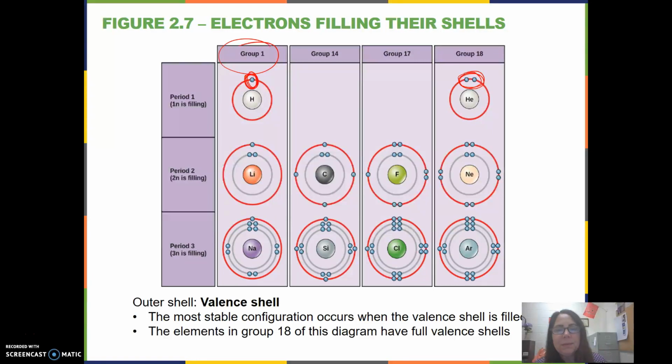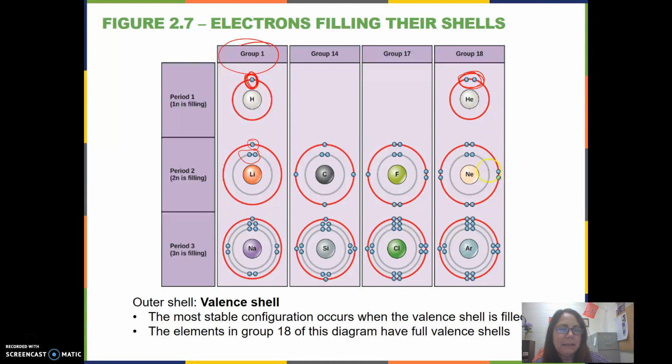Then if we look on to period 2, you can see lithium has an atomic number of 3. So that means it's got 2 electrons in its first energy level and 1 electron in its second energy level. And the second energy level is the valence shell, so it's got 1 electron in its valence shell. And neon has 8.